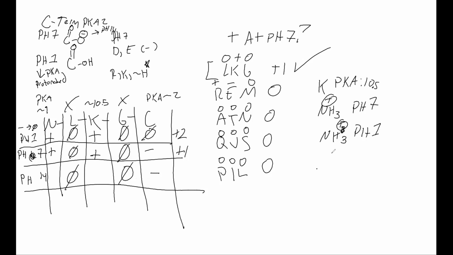However, lysine at a pH of 14, we are now above the pKa. When the pH is above the pKa, you lose a proton. You become deprotonated. So this NH3+ group becomes an NH2. So lysine is neutral. The N-terminus, likewise, is neutral. So overall, at a pH of 14, this peptide has a charge of -1.